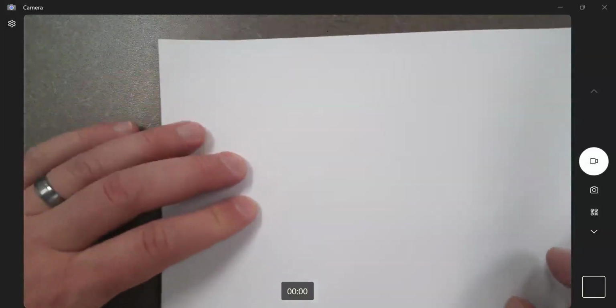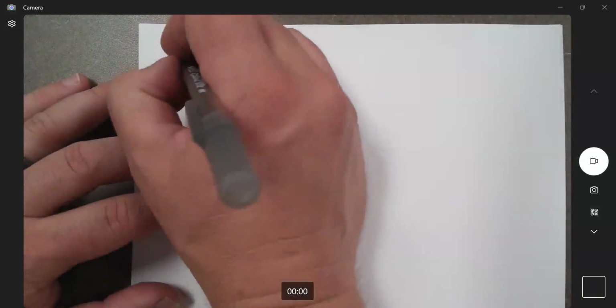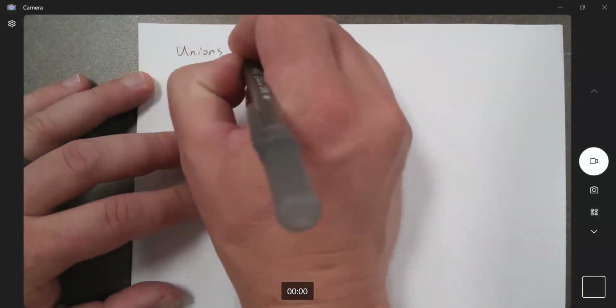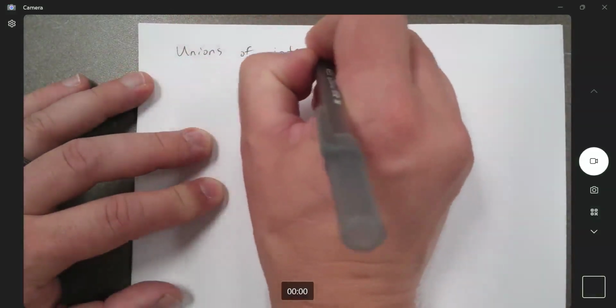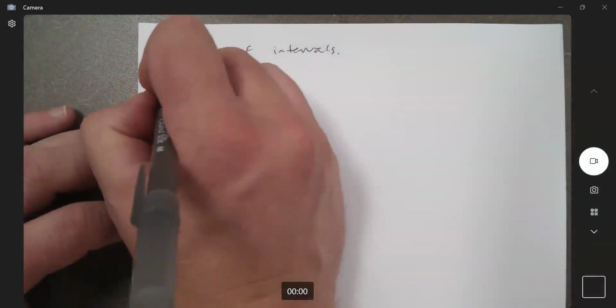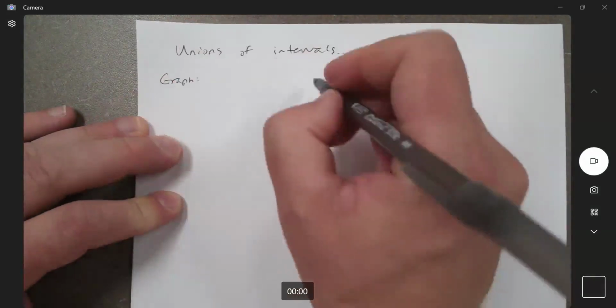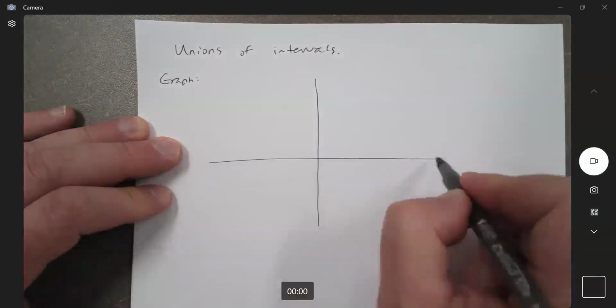These notes will be up here. Which are called unions of intervals. So let's actually look at a graph here, see what that might look like on a graph.